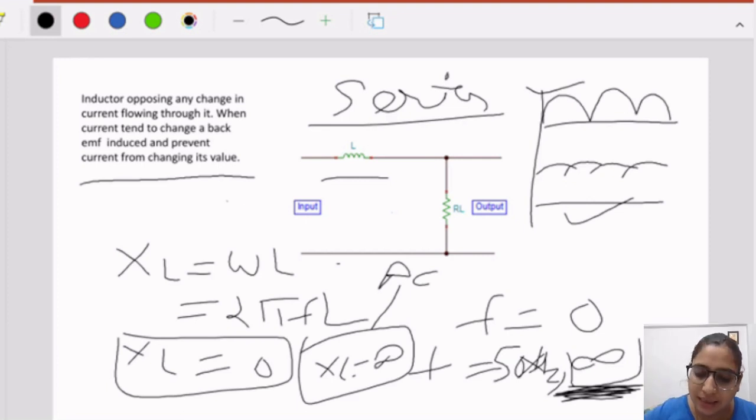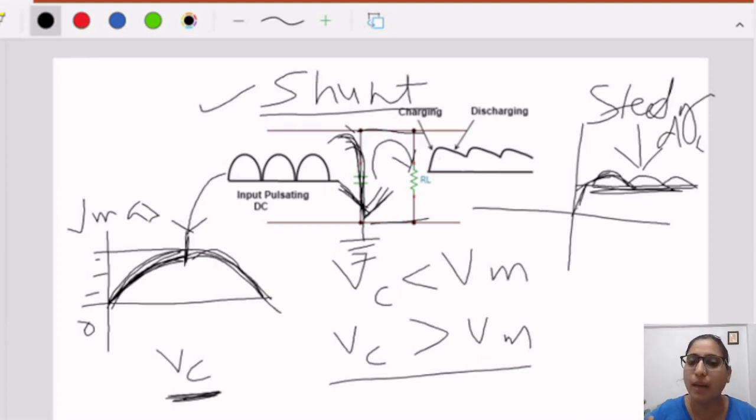So in an inductive circuit, current is the output value. Current is flowing towards the load resistor and it is the output value. And in case of the capacitive filter, the voltage we are receiving at the output nodes is the output across RL.